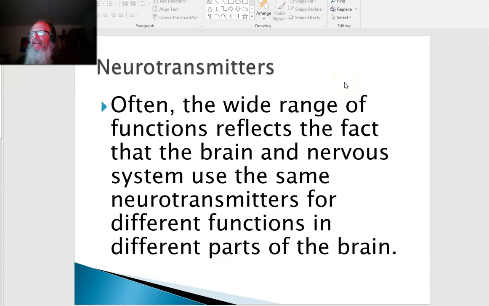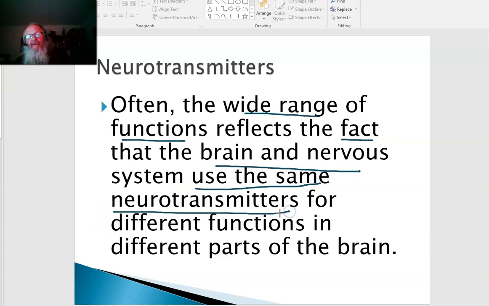One of the things about this is that this wide range of functions for different neurotransmitter chemicals reflects the fact that the brain and the nervous system use the same neurotransmitters, the same chemical keys, for different functions, for different locks in different parts of the brain and the nervous system.